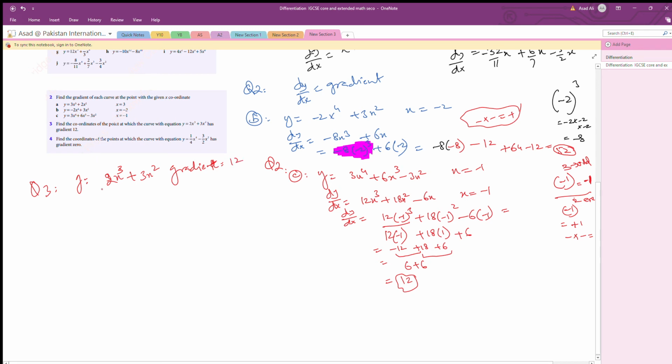Now they say find the coordinates of the point at which the curve with this equation has gradient 12.